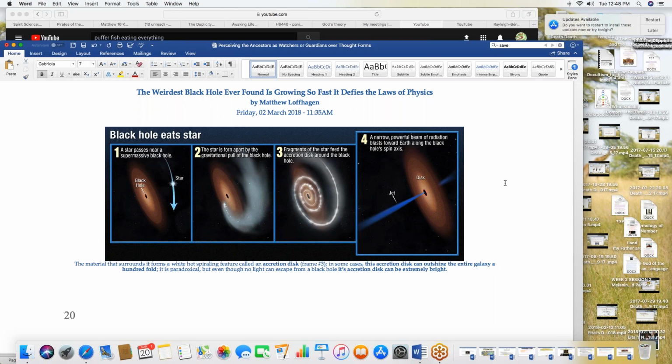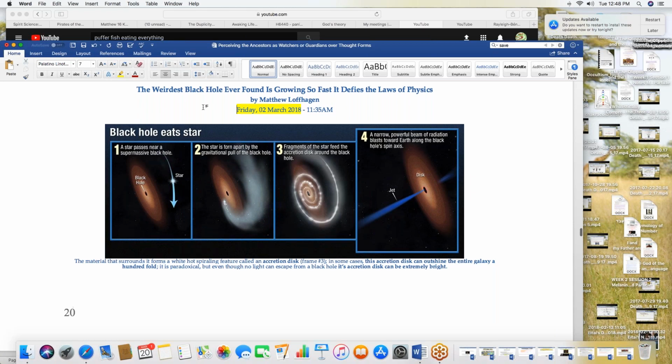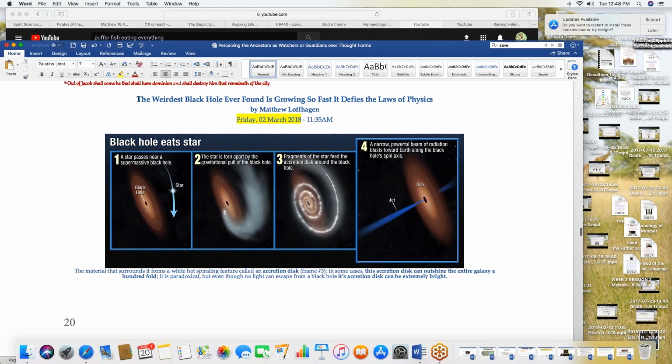Okay. Check this out. March 2nd, NASA, of this year. See, whatever we've known before about black holes, it's changed. Why? Because, family, where attention goes, energy flows. They're reporting the weirdest looking black hole ever found.